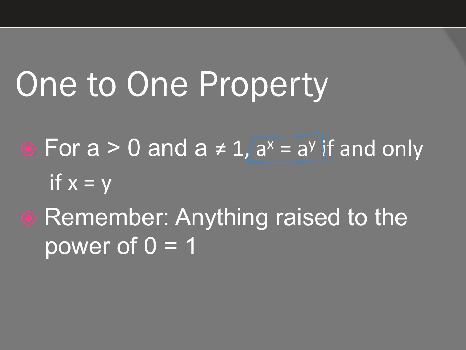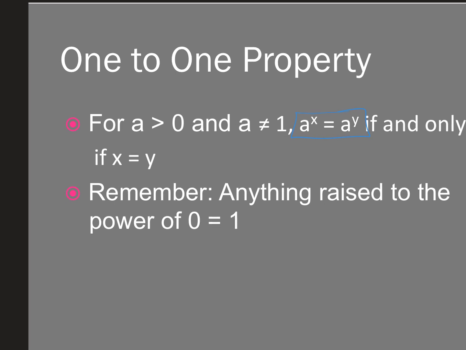All right, this is a special property that some problems allow themselves to be written in different ways, or rewritten, I should say, to where the bases are the same. If you can do that, this is a really easy thing to do. I will give you some problems that say solve using one-to-one, meaning this can happen. What's going to happen is you want to get bases to be the same. And we'll talk about that in 1 second.